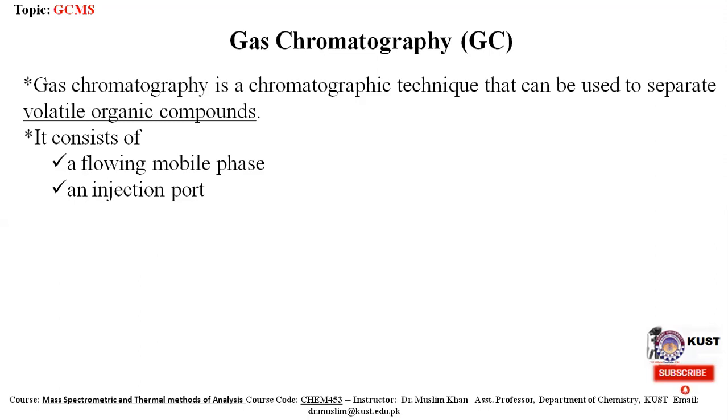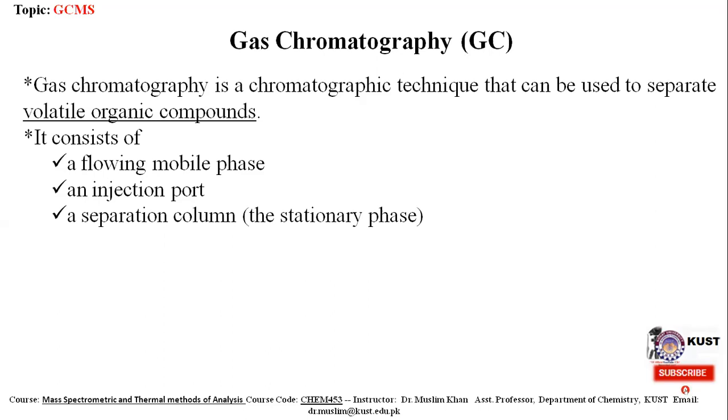Then the sample, along with the mobile phase, is carried to the heart of the chromatographic system, which is called the column, the stationary phase, where it is separated on the basis of the different interactions, the affinity, of these components with the stationary phase.